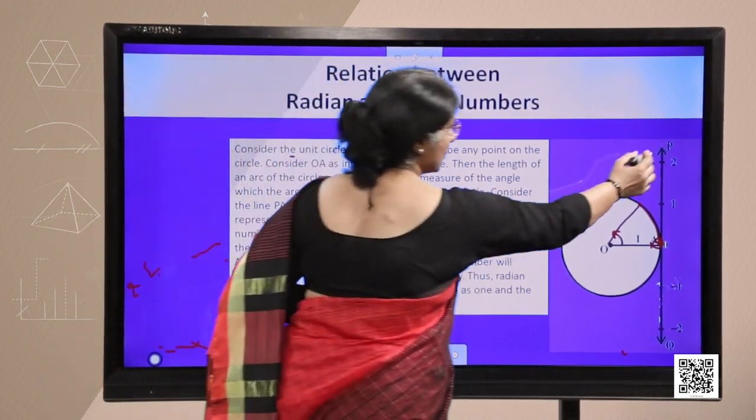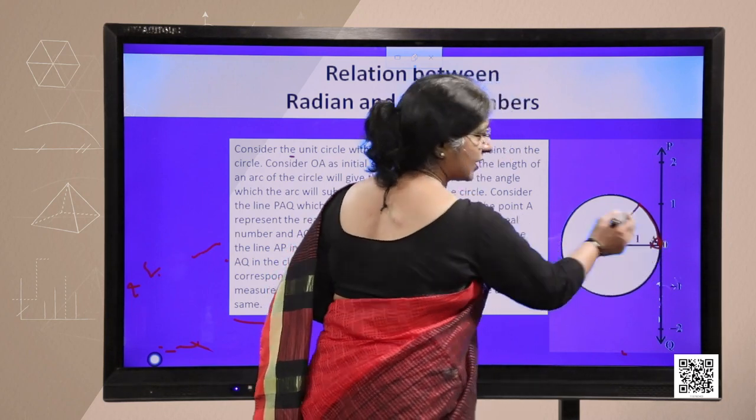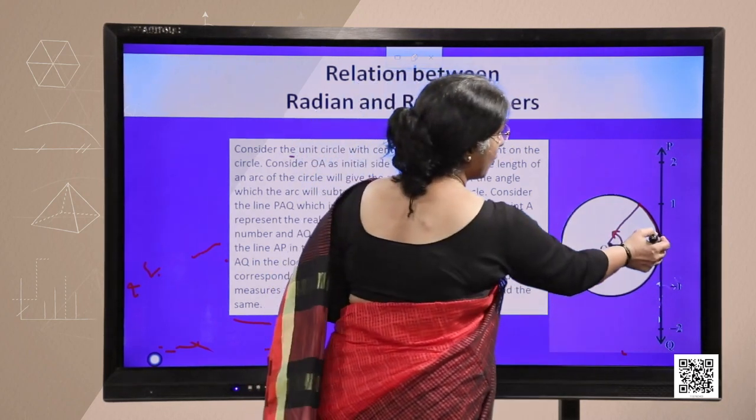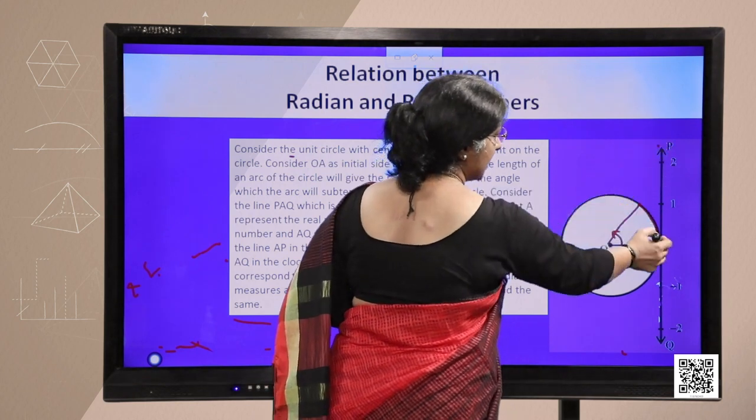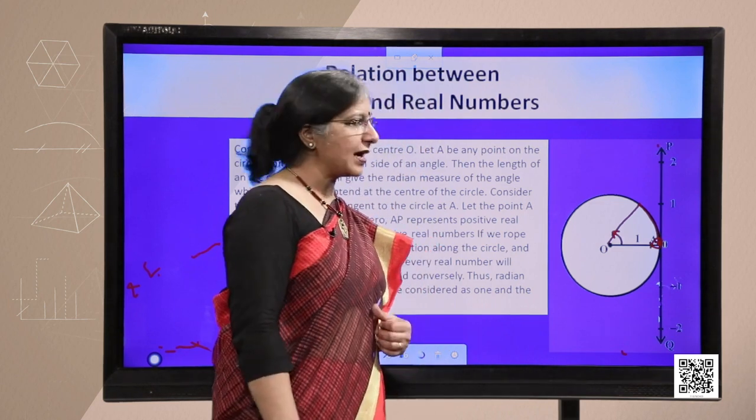Consider a line PQ as tangent to the circle, where O is the origin of the real number line, and OP is the positive direction, and OQ represents the negative direction in the real number line.